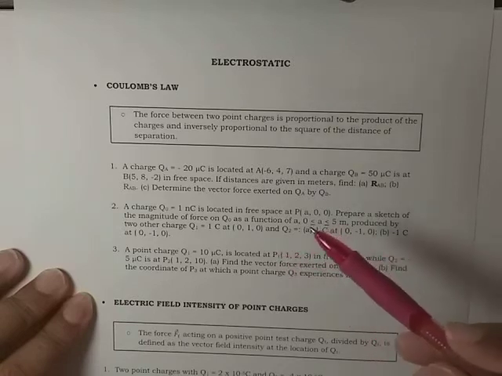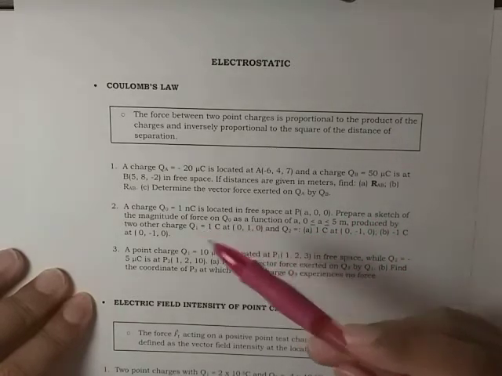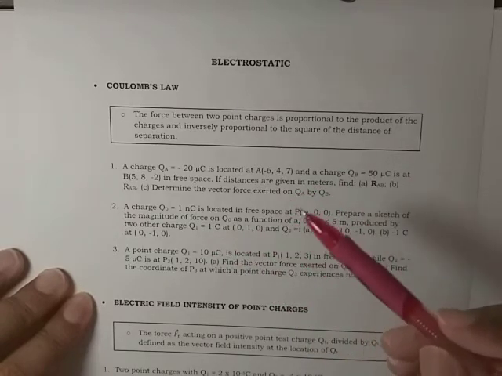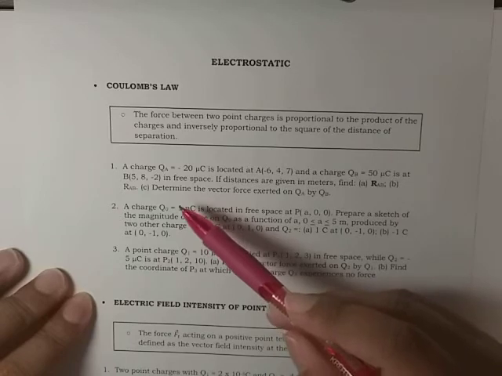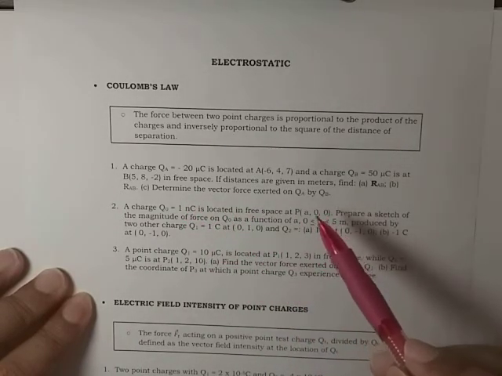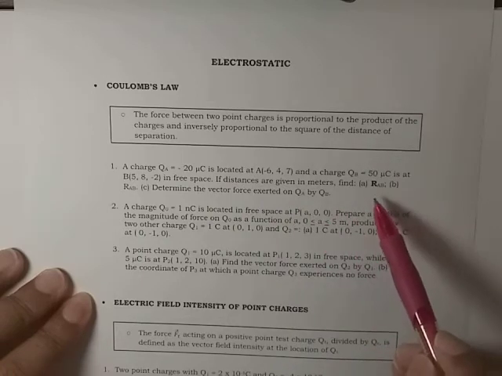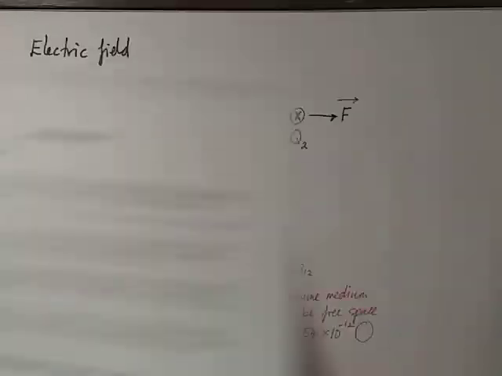Later on, as we go throughout the course, we're going to change that free space medium to other, more practical media. But for the sake of learning now, we assume it to be free space. If the distance is given in meters, find first the vector RAB. They just test about vectors, so let's do this together.